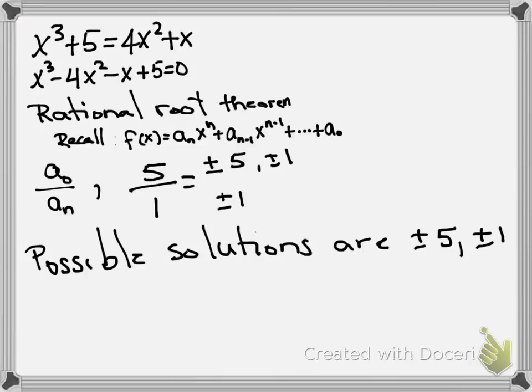But keep in mind, there are 4 possible roots, and we know, ladies and gentlemen, this polynomial can only have 3 roots because the degree is 3. So, given that we have the possible roots, we would plug these in.